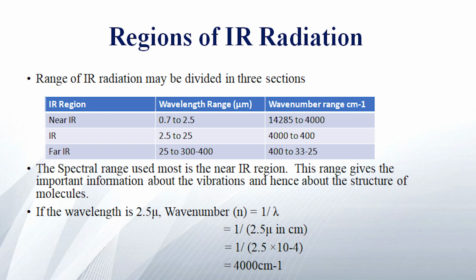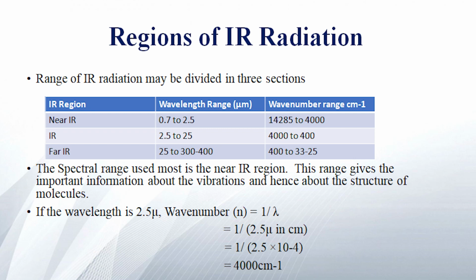In the mid IR region, the wavelength falls in 2.5 to 25 micrometers, and the wave number is 4,000 to 400 centimeter inverse. The far IR region wavelength covers from 25 to 400 micrometers, and the wave number is 400 centimeter inverse to 25 centimeter inverse.